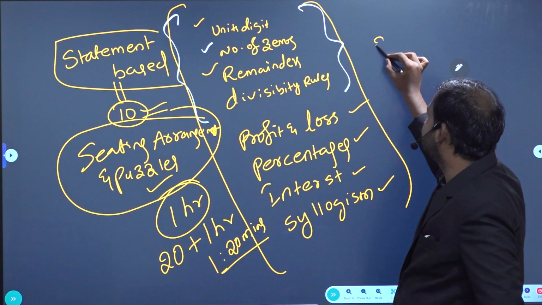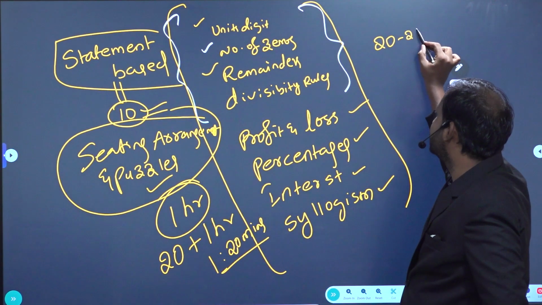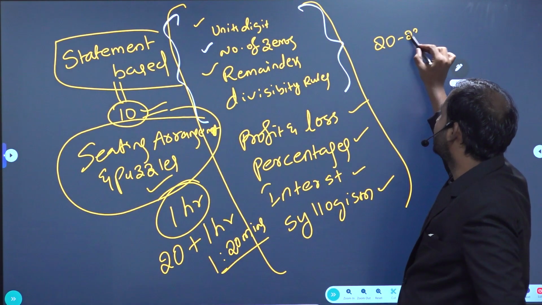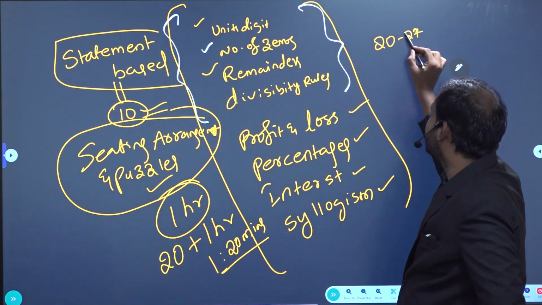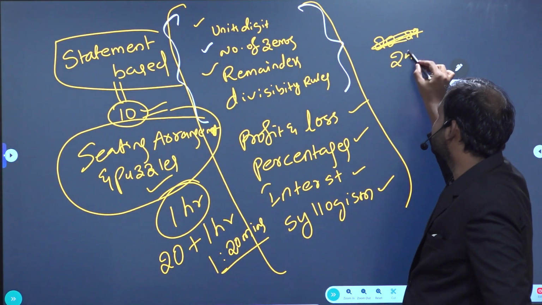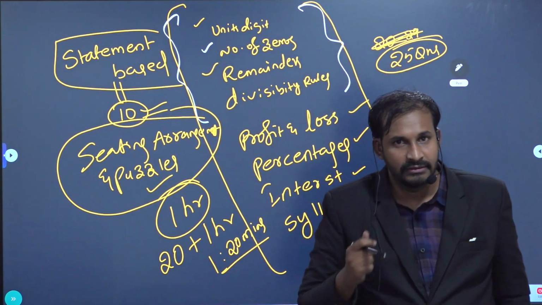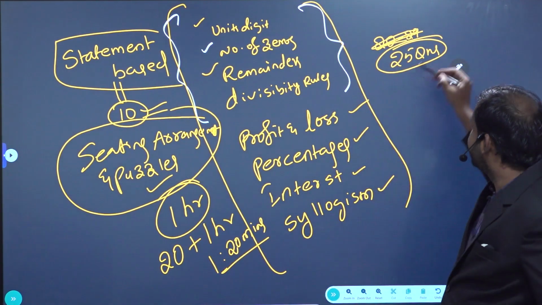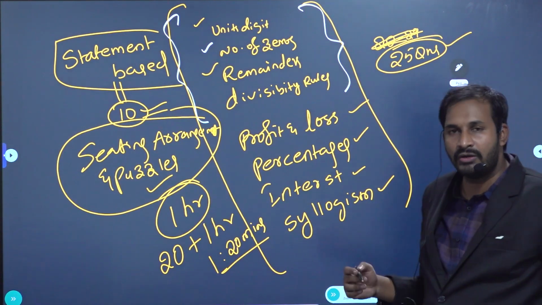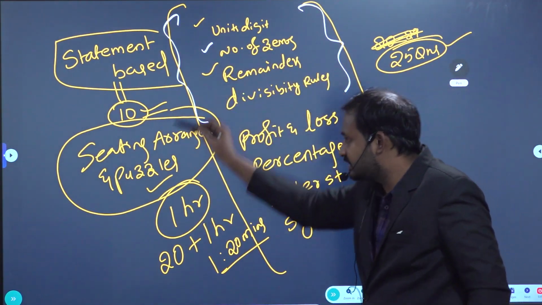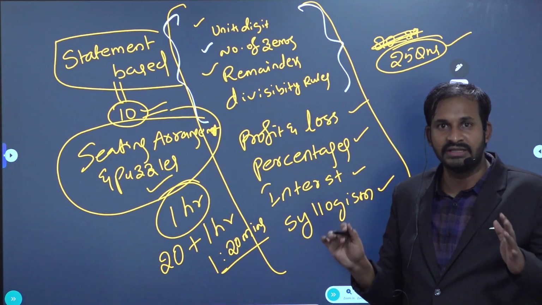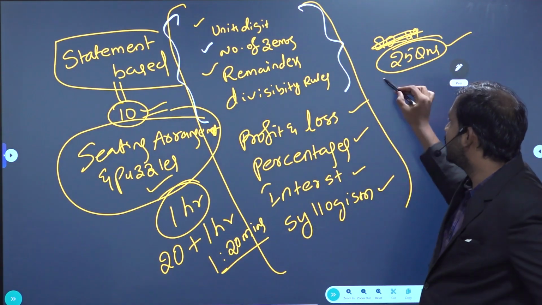Because anyway they are asking only 20 to 25 questions from that reading comprehension area. So if you want to attempt, then after doing this analysis and skipping things and solving the problems, go to it.